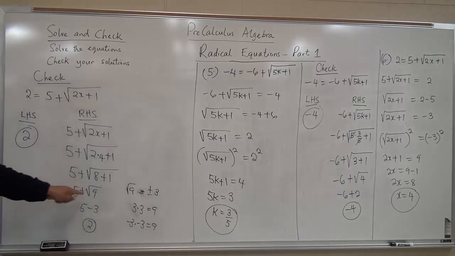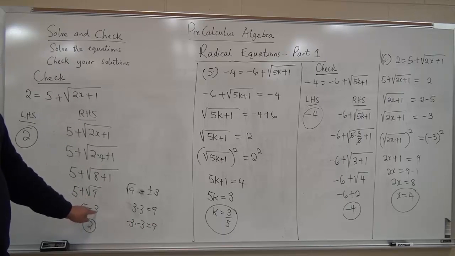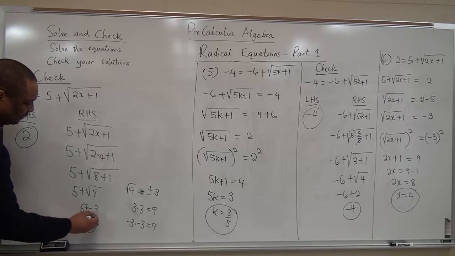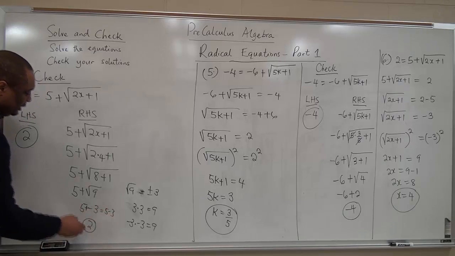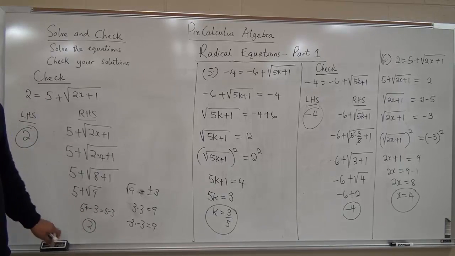So here square root of 9 will now represent negative 3. Okay, 5 plus negative 3, which is now 5 minus 3, which is now 2. And it's still correct.